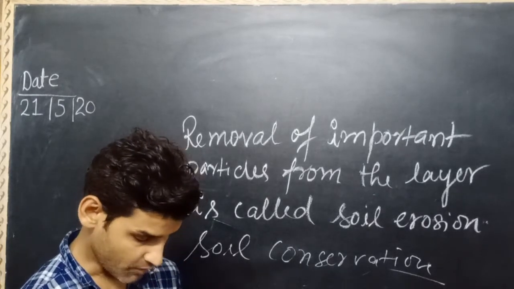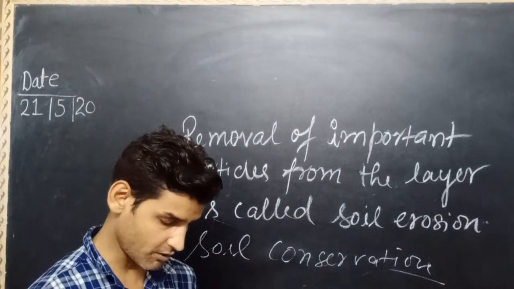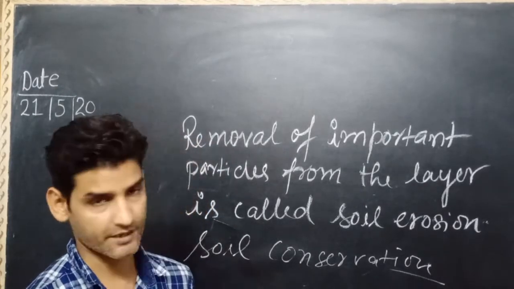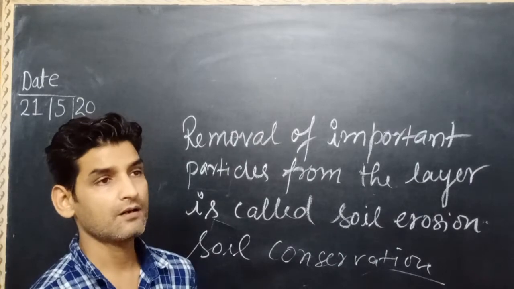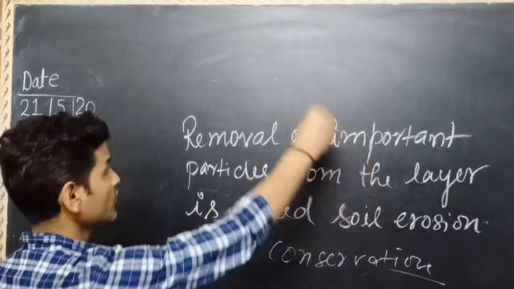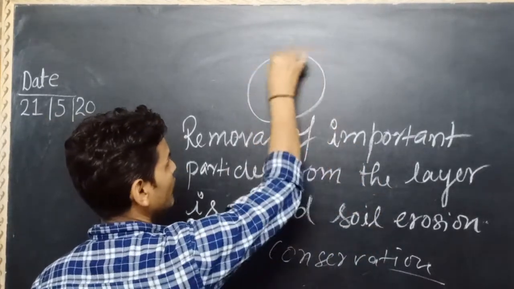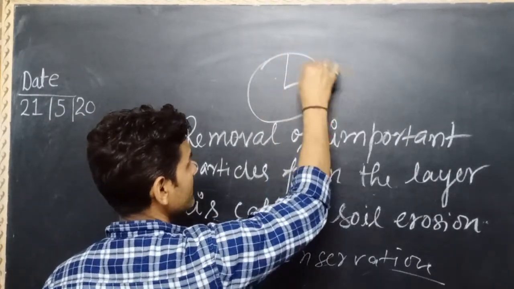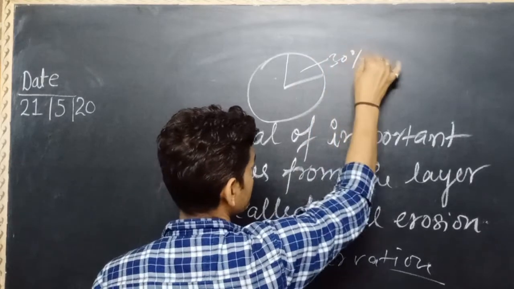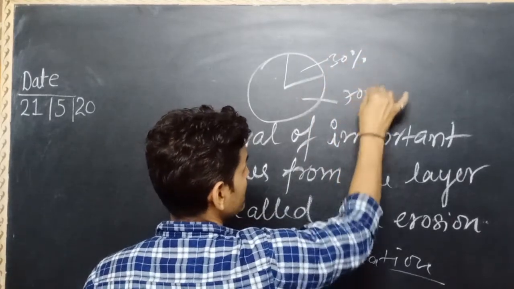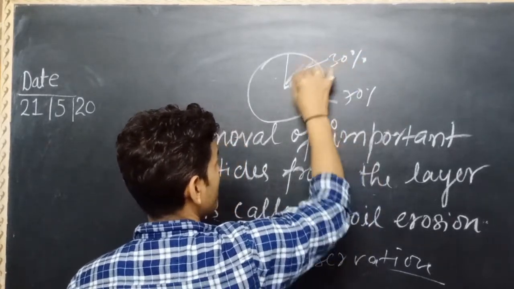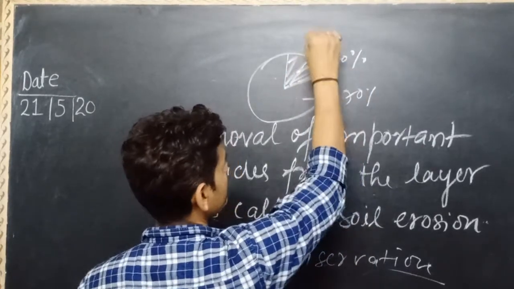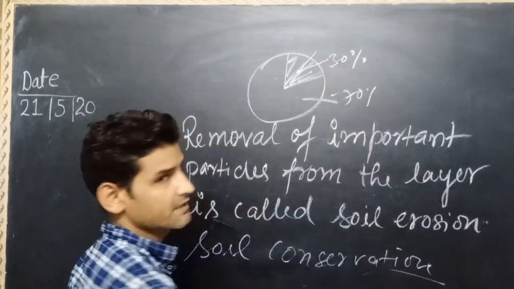Okay. Now, water resource. Water is present on the earth in the form of oceans, seas, lakes, rivers, etc. Means we have a lot of water. The whole earth is divided in a 30 and 70 ratio. 30% land and 70% water.